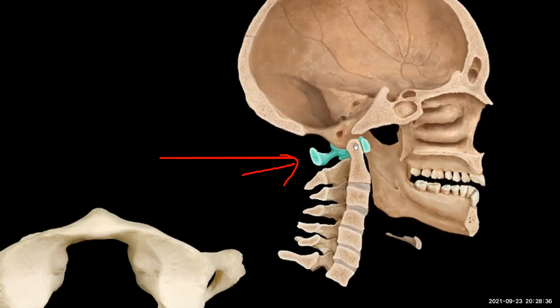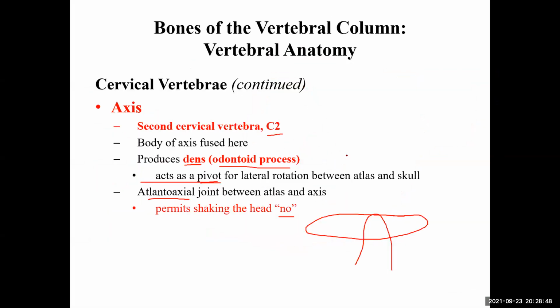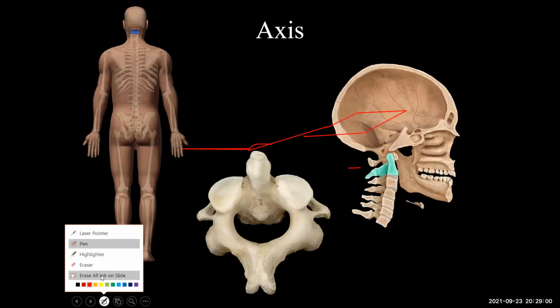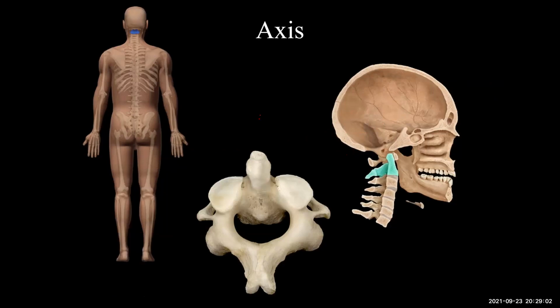And so it projects upwards, and then the atlas sits right in front of it. And there's a ligament that holds it together. And it allows you to shake your head from side to side to say no. You can see it right here. So this is the dens. All right, there's the dens right there.